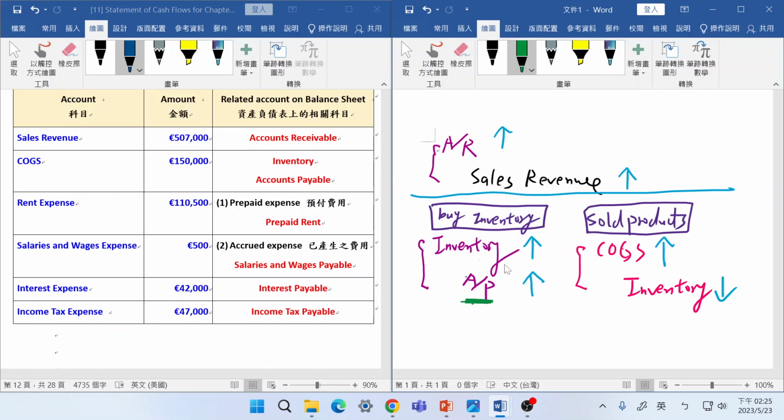Accounts payable, this one could help us to find out cash outflows, how much money we paid to suppliers. Okay, did you find out? So that's why we need two accounts, inventory and accounts payable.